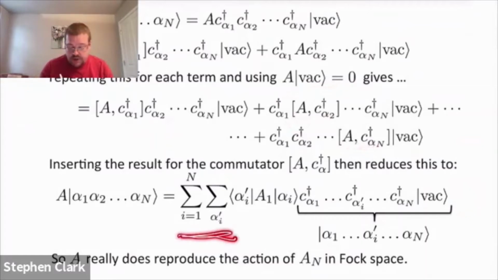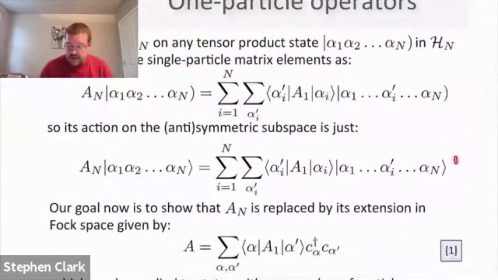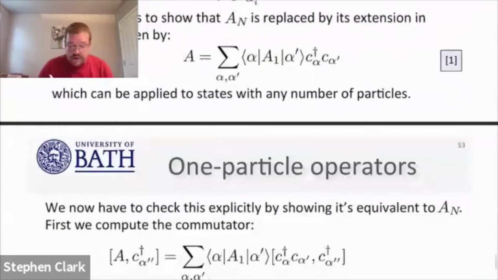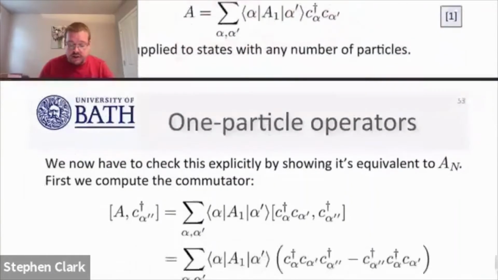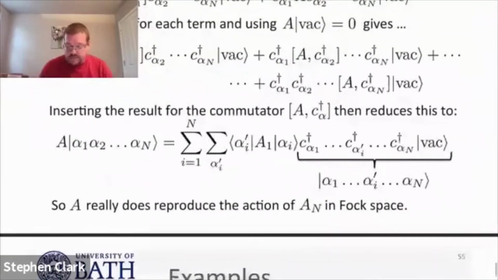You get this double sum and all of these matrix elements over all of these states, the appropriate anti-symmetric or symmetric states. So that's exactly what we had here. So this reproduces it for us in a much simpler way, and that just proves that it does.